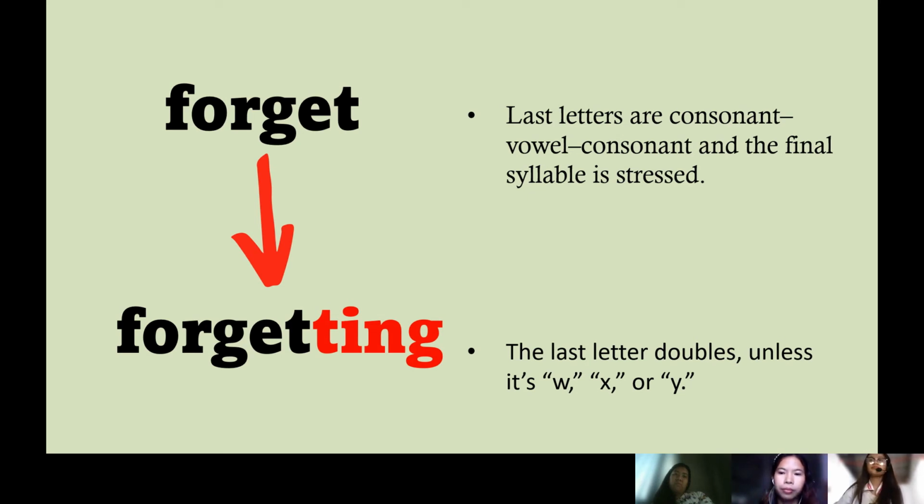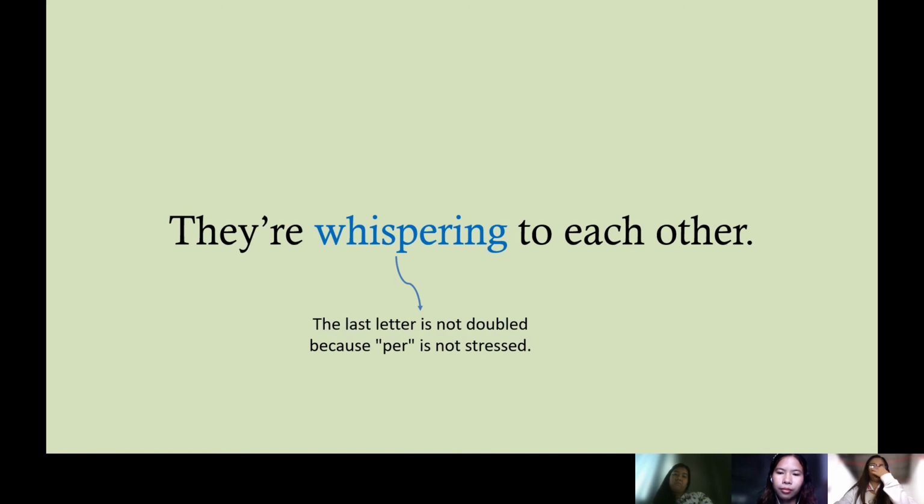Okay, so let's have a sentence here. They are whispering to each other. So, the last letter is not doubled because per is not stressed. So, we have the word whisper, right? That is our base form. Whisper. We don't say whisper, right? Hindi naman natin ganun binabasa yung whisper. The first syllable is the one that is stressed.